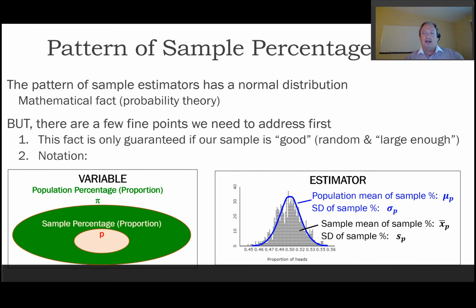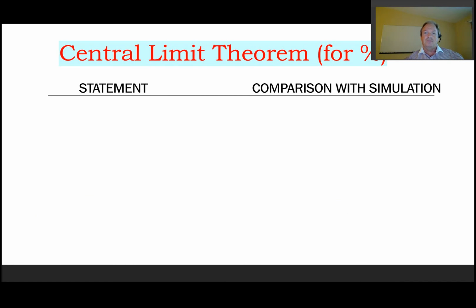Now we're ready for our main result. And this is perhaps the most important fact in all of statistics. If you're going to really understand one thing in this class, it would be this slide. And this is called the central limit theorem. And it's called the central limit theorem because it literally sits at the center or the heart of statistics.